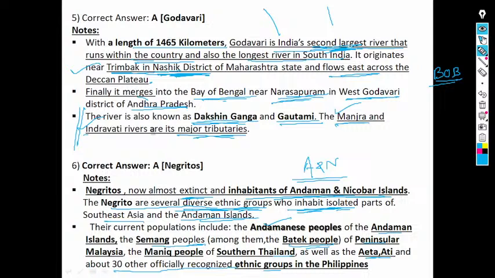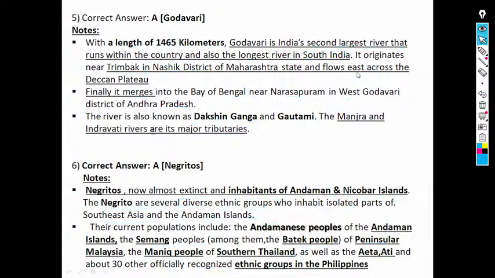Next, Negritos are now almost extinct inhabitants of the Andaman and Nicobar Islands.